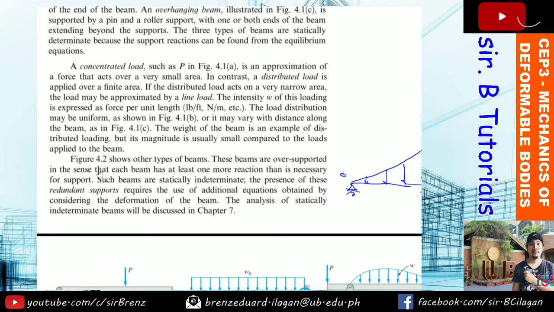The presence of these redundant supports requires the use of additional equation obtained by the considering the deformation of the beam. So yung additional equation mo is manggagaling dun sa magiging deformation ng beam mo. So that will be further discussed dun sa last chapter natin, which is all about the deflection. So the analysis of statically determinate beams will be discussed in other chapters.